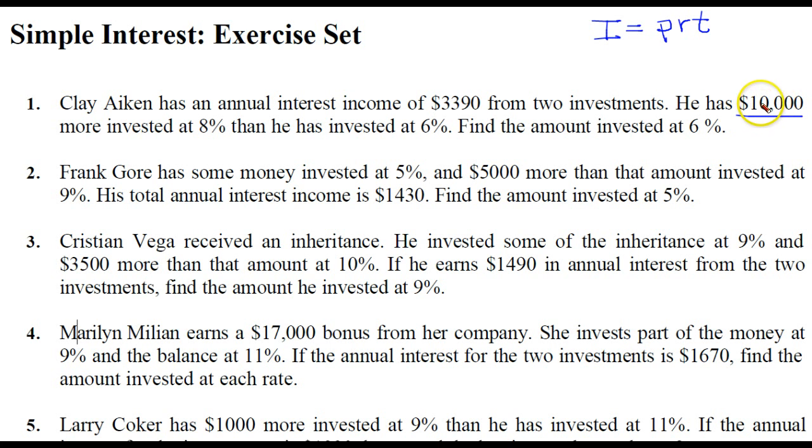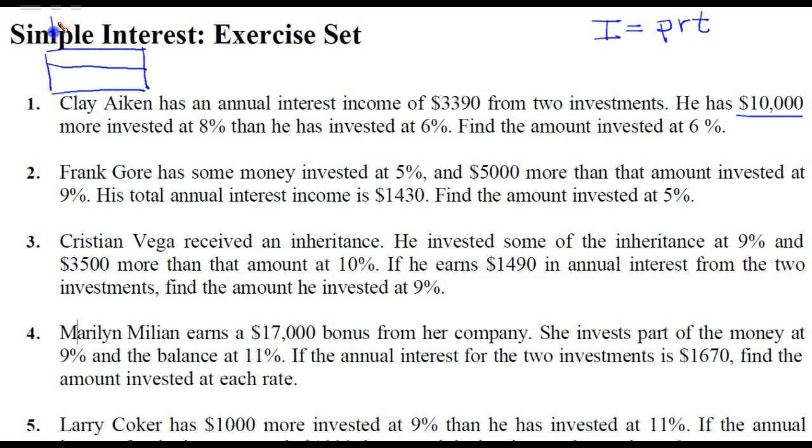Now in chapter 4, we did this using two letters, but we'll do it as we did in chapter 2. We're only going to use one letter. So we have to figure out a way to divide $10,000 into two parts.